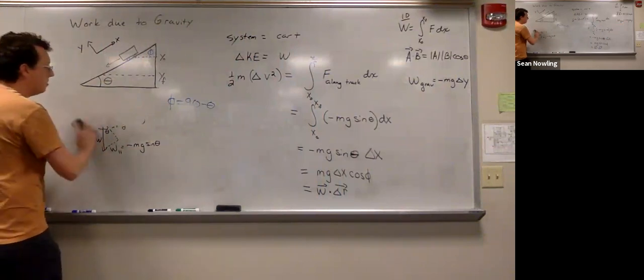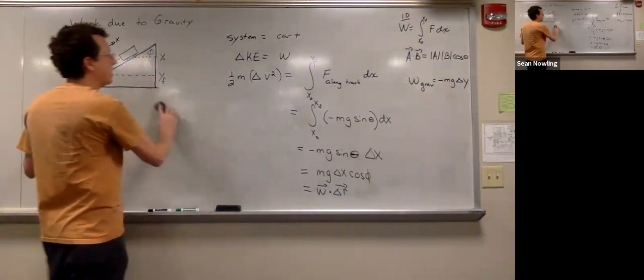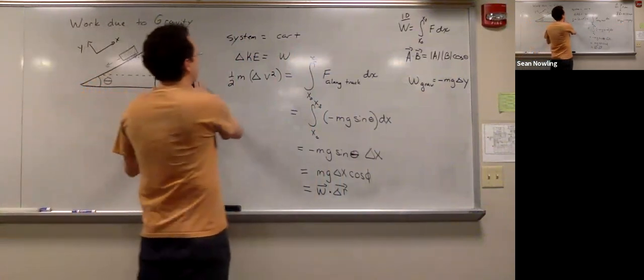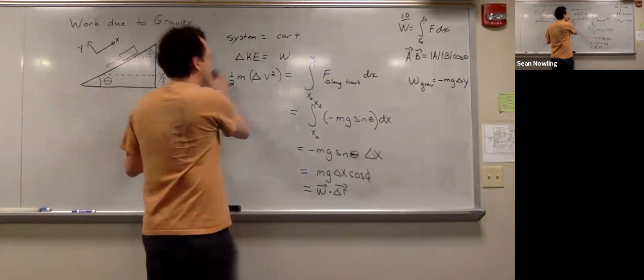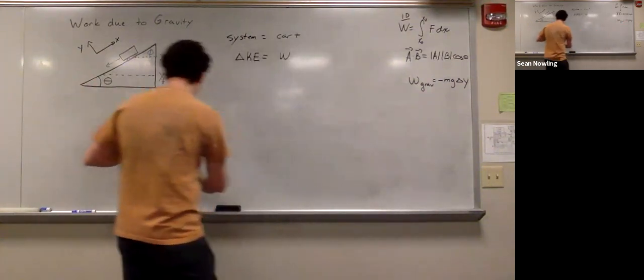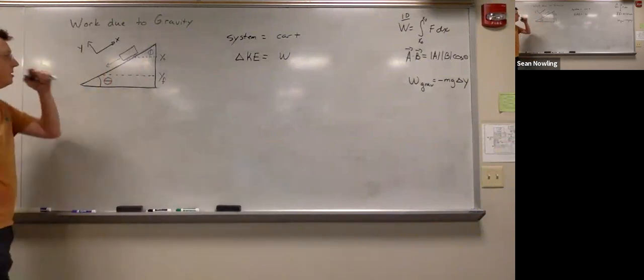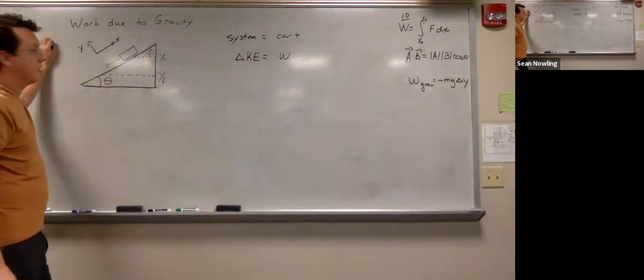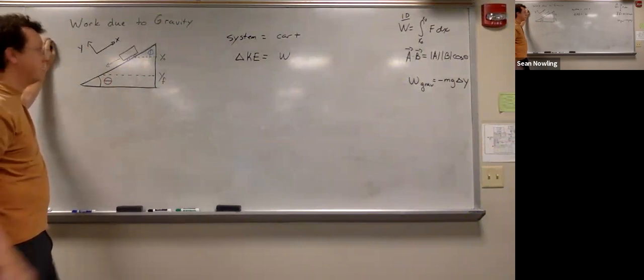Let's do an example. We can plug in some numbers and get something in the end. I'll just make up some numbers for the mass and velocity. Tell you what, on this one, I'm going to give you the initial and final velocities, and we'll figure out what is the change in height. How about that?